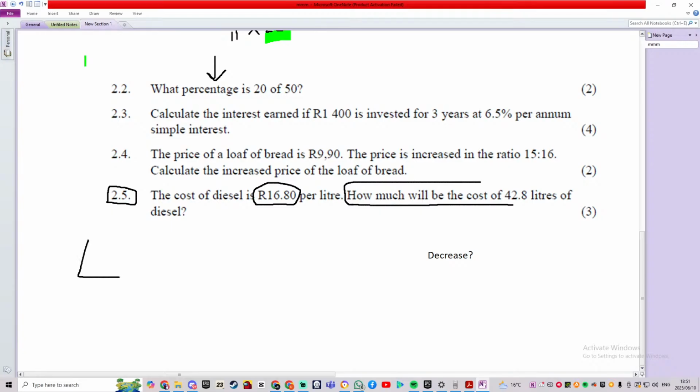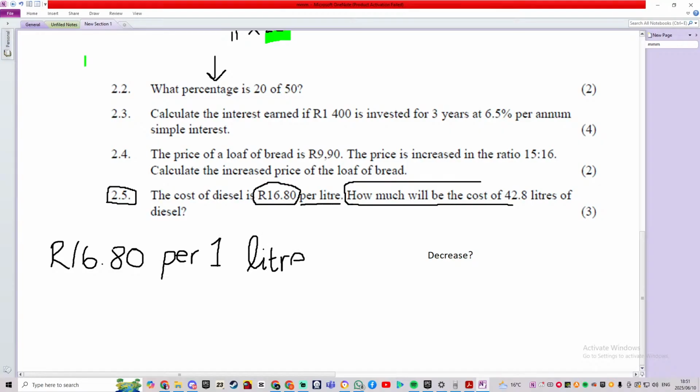So firstly, we have 16 rand, comma 80. When it says 16,80 per liter, it is saying per, it's important to note, per or for every 1 liter.